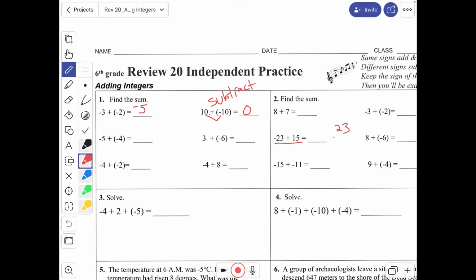If they have different signs, you subtract, and take the sign of the one that's higher. If they have the same signs, you add.